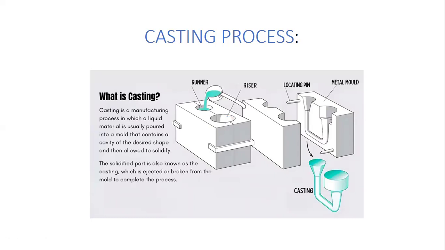After completing the solidification, the mold boxes will be removed gently by tapping the cast product out of the mold box. So this is the final product made by the casting process.